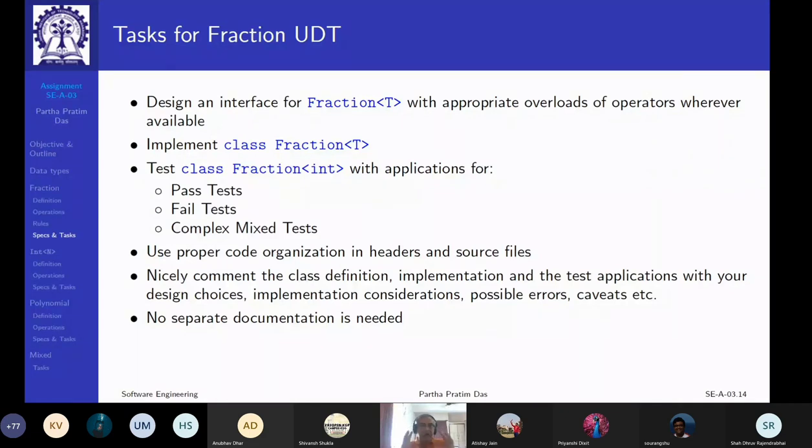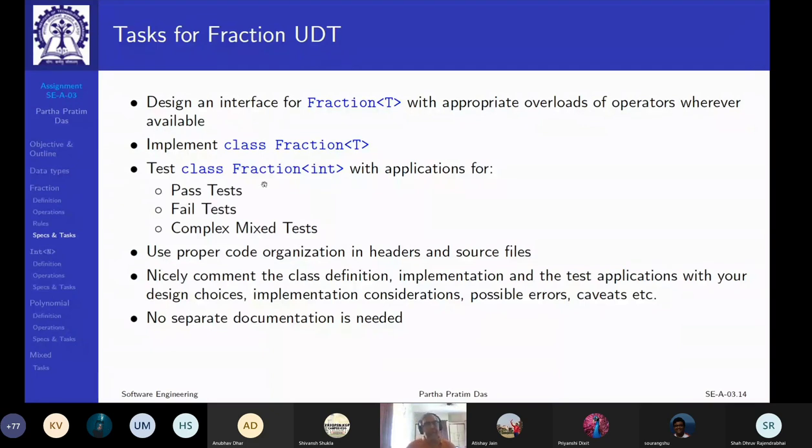So for every member function, every operation that we have defined for fraction T, we have to write a test. We have to test that it is getting properly constructed, properly reduced, properly added, properly compared, that it can be read in the format in which you wanted, it can be written in the format you wanted, and so on.